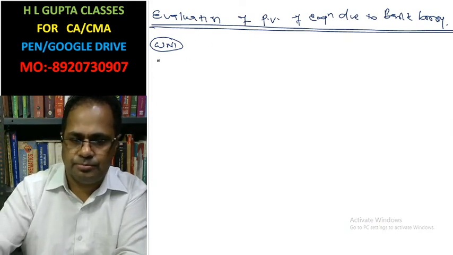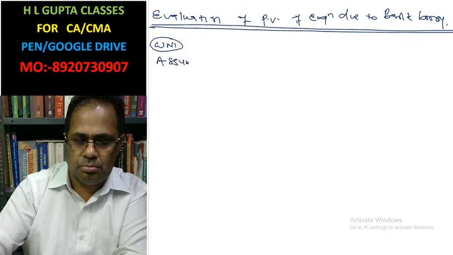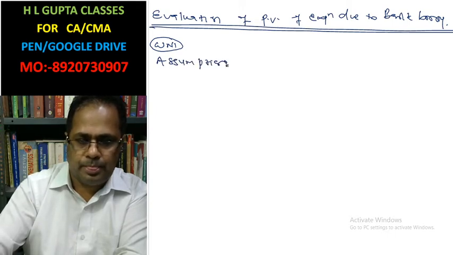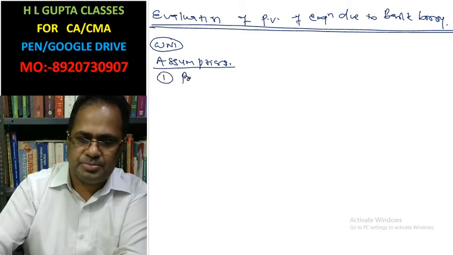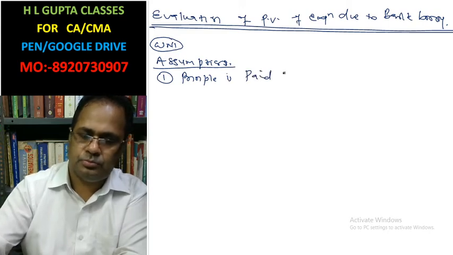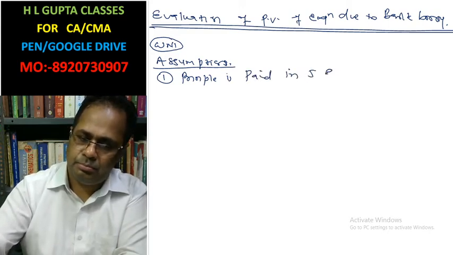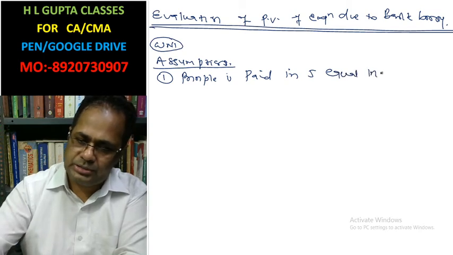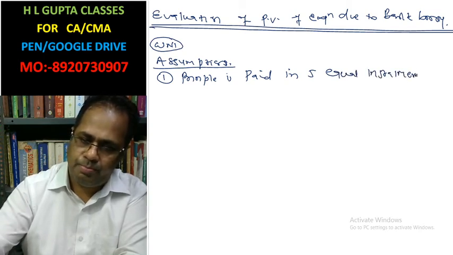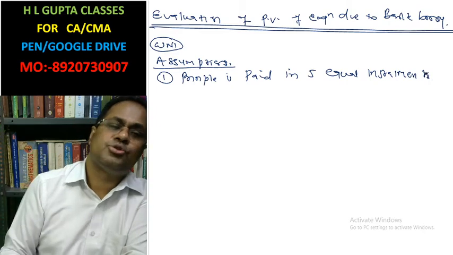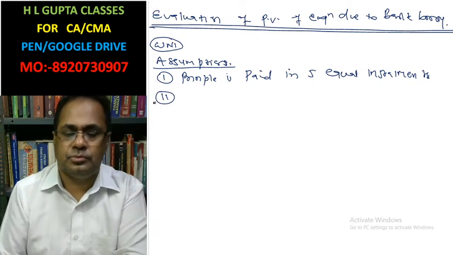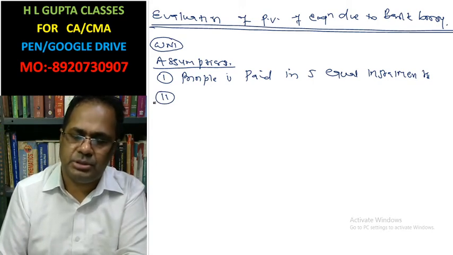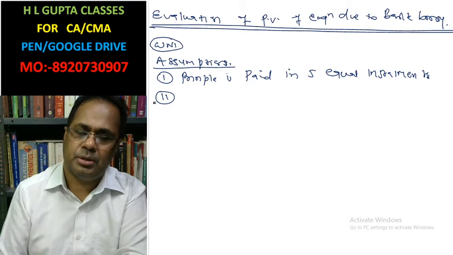Assumptions you must write. Principal is paid in 5 equal installments. It is assumed by you. In second, what you do?